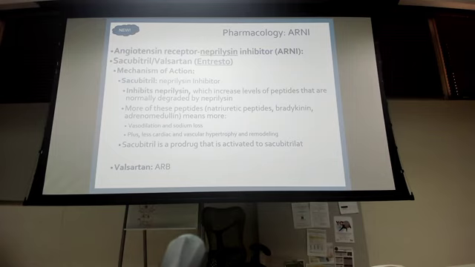So what the neprilysin normally does is break down natriuretic peptide. So you're inhibiting that. So what's that going to do? It's going to increase peptides that promote vasodilation, sodium loss, reduce hypertrophy and fibrosis, and then the ARB component obviously is going to prevent and block angiotensin II at that AT1 receptor. So it's going to prevent the angiotensin II mediated vasoconstriction.